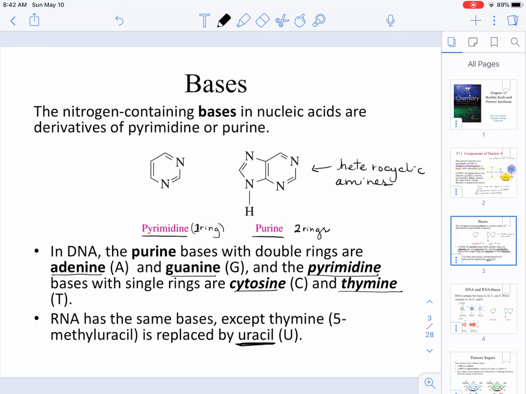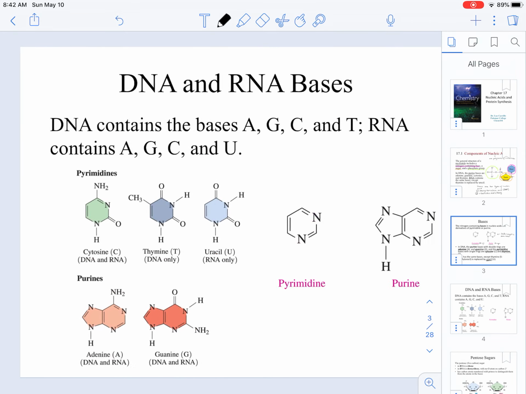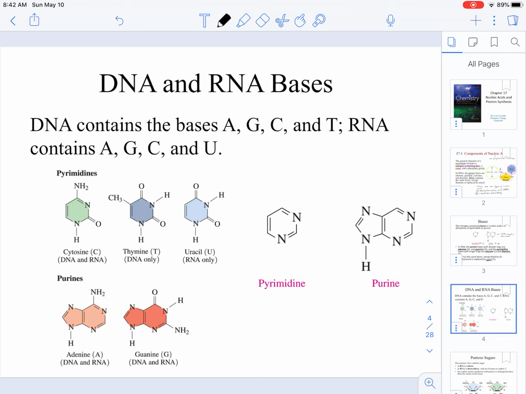When we look at the structures for them in this slide, this is just illustrating how these structures look.